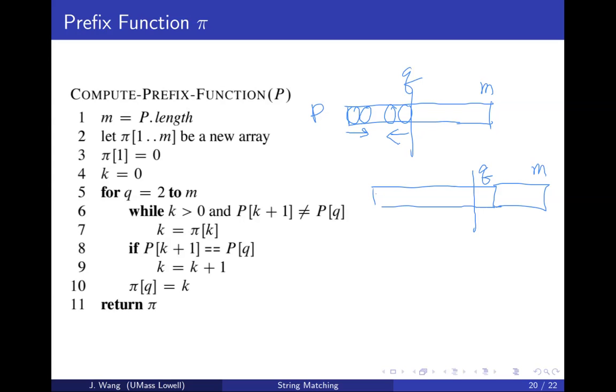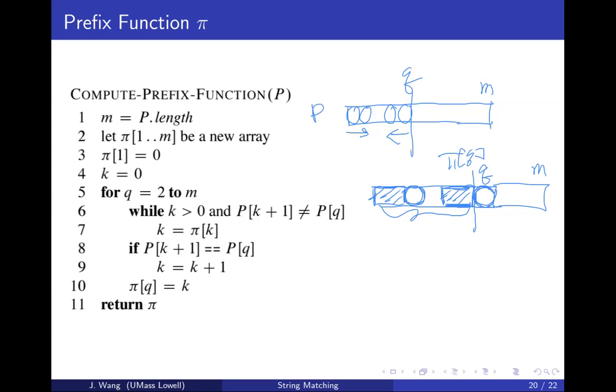Previously, in this part, I have already computed a value that is the same as this. So this part is the same. Now to determine pi of Q, I need to compare this guy and this guy.